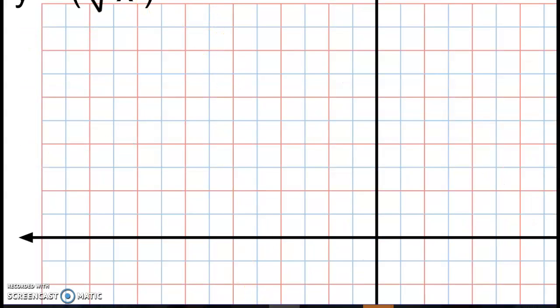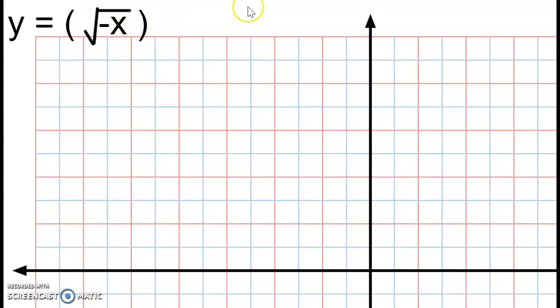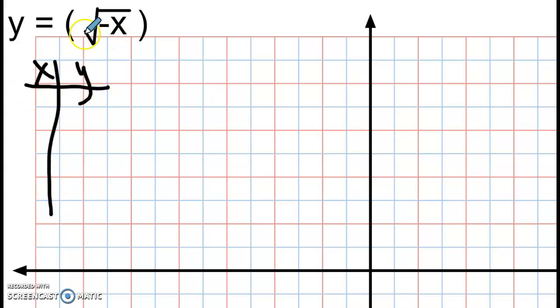Okay, so let's look at what happens with something like this, a negative inside the square root. I know that seems weird, but we have to be careful what kind of x's we put in, because I can only take the square root of positives. 0 is fine, but I'm going to put in -1, because then the opposite of -1 is 1.